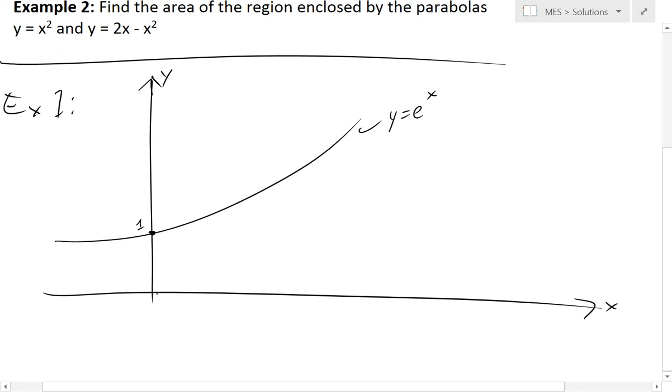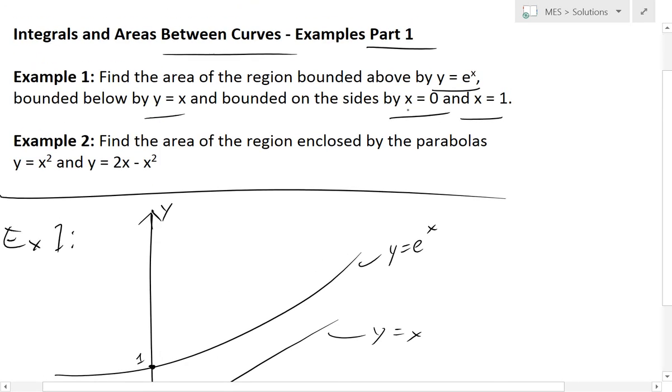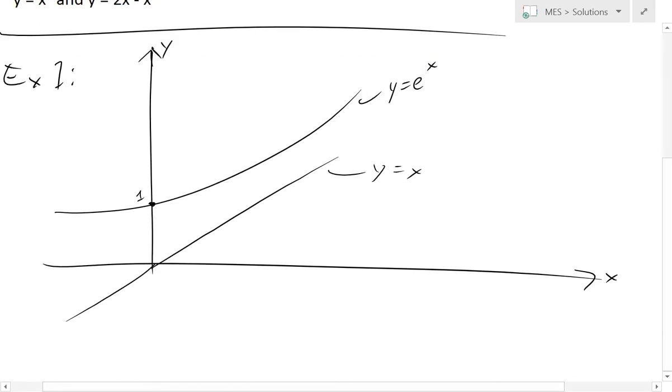That's just a straight line going from the origin. It looks something like this, and this is y equals x, and it's bounded between x equals 0 and x equals 1 right here. So we have 0, and now we go up to here, so we draw a vertical line. This is x equals 1.